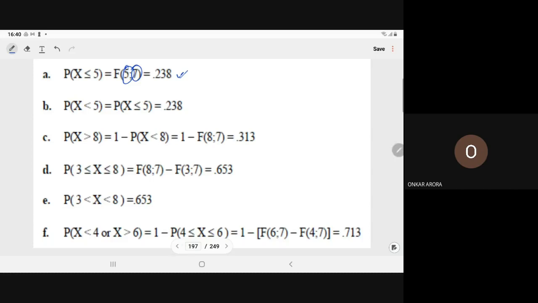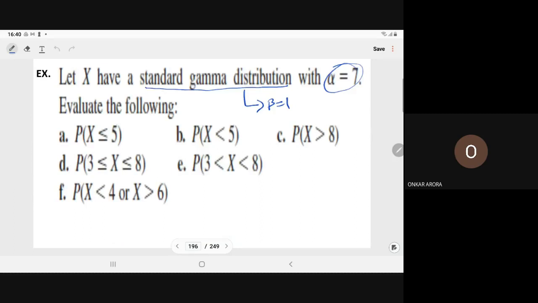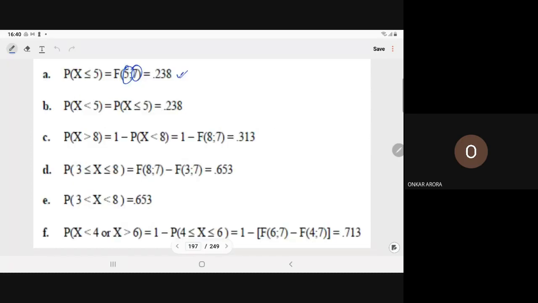Now if you have to compute the probability for X less than 5, for a continuous random variable the point probability is equal to 0. So these two are equal.